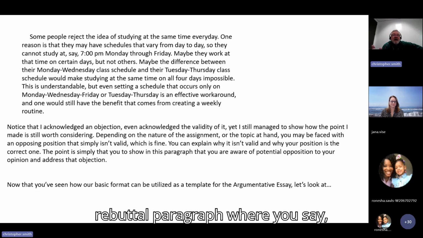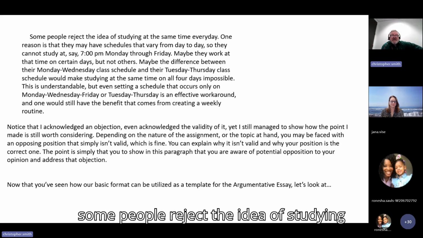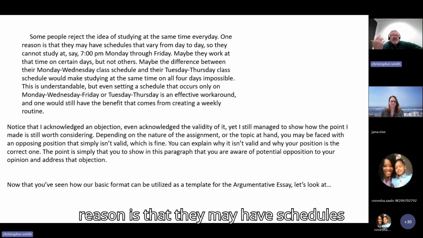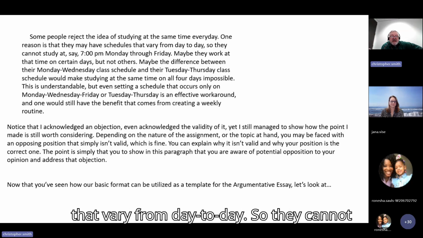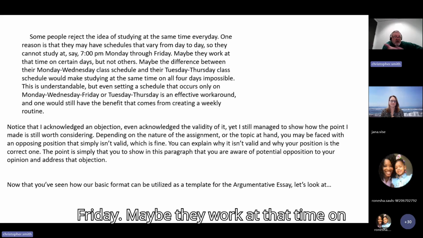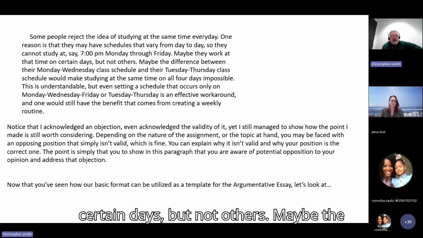So you write a rebuttal paragraph where you say, some people reject the idea of studying at the same time every day. One reason is that they may have schedules that vary from day to day. So they cannot study at, say, 7 p.m. Monday through Friday. Maybe they work at that time on certain days, but not others.